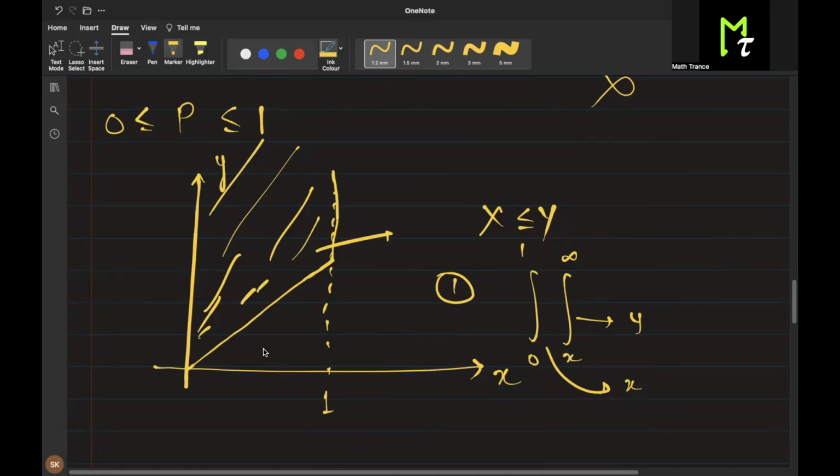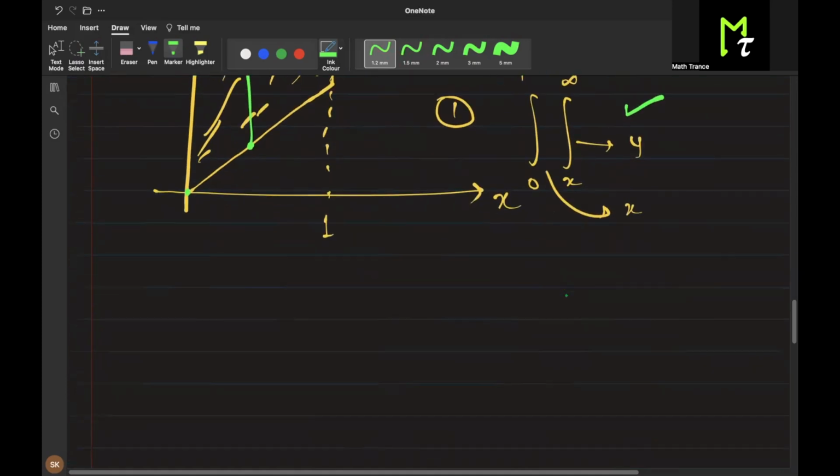Whenever x is 0, let me change the color of my ink. So x equals 0 corresponds to this value. When x is 0, y goes from 0 to infinity. When x is say 0.5, y goes from 0 to infinity. And therefore we are lying in this region. So this integral is correct.